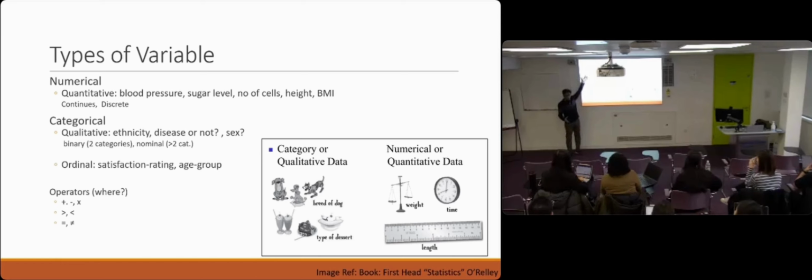We can add them, we can multiply them, we can subtract them. What about qualitative? Can you add two ethnicities? Not in a literal sense, right? What about ordinal numbers? Can you add them? Why not? For example, rating.